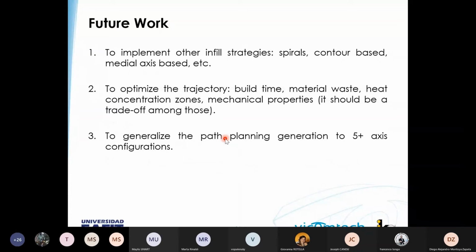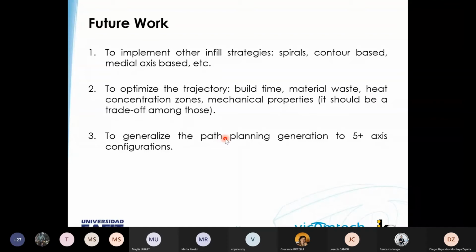And so as future work, we know we have a lot of work to do. First of all, we want to focus on the implementation of other infill strategies, such as the ones I mentioned before: spirals, contour-based, or others that are based on the generation of the medial axis. We know that we have to focus also on the optimization of the trajectory. However, there are different kinds of things that we can optimize.